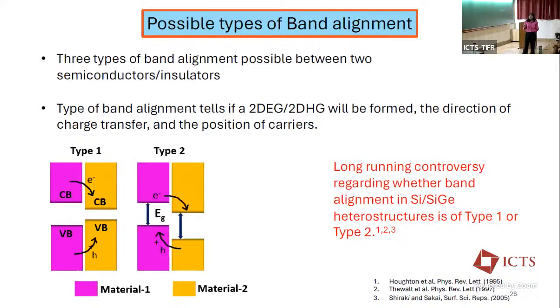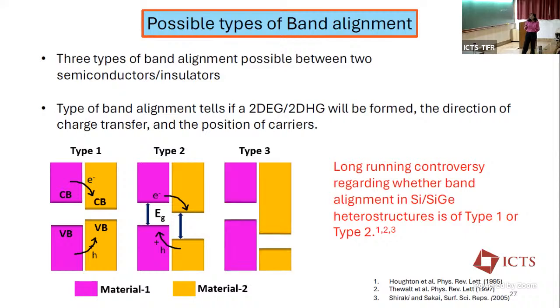Then you have a type 2 alignment, where the conduction band edge of the first material is higher than that of the second, and also the valence band edge is higher than the second material's. And then there is a broken type of alignment, where you have the conduction band and valence band of the first material, and then the conduction band and valence band of the second material.